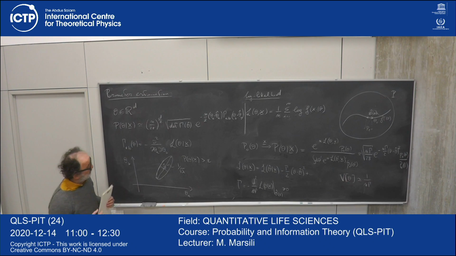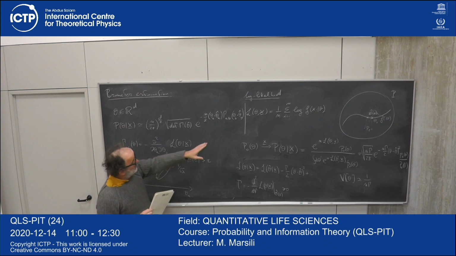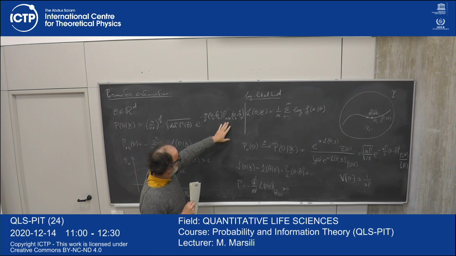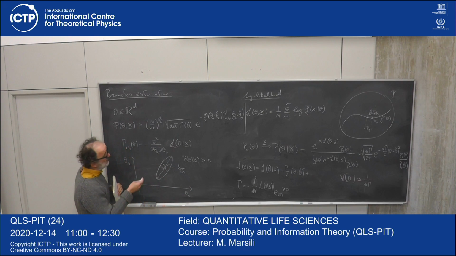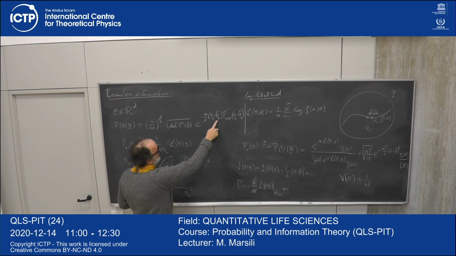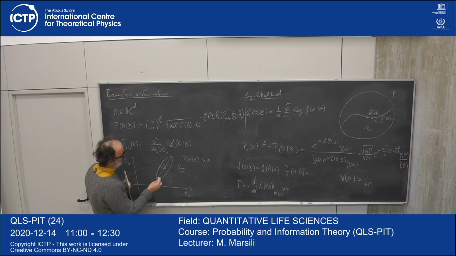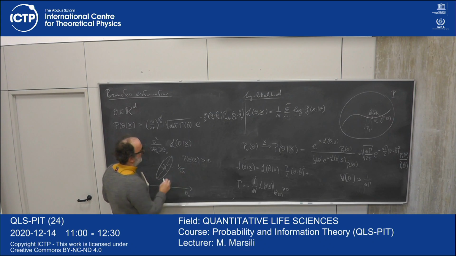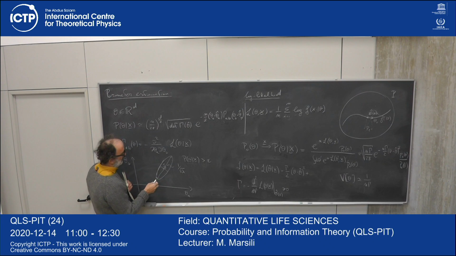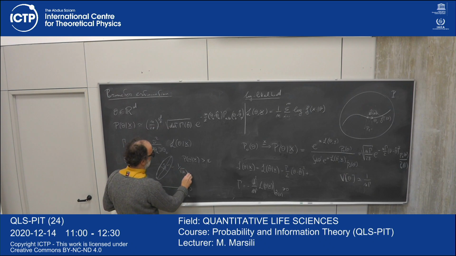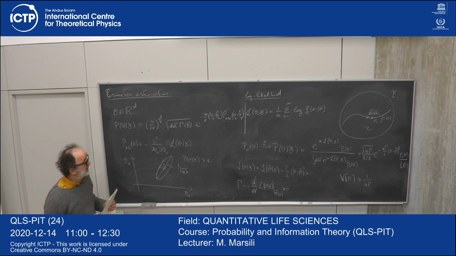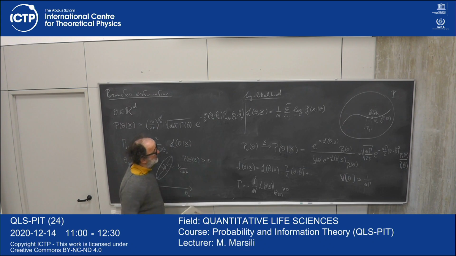So this tells you that if you do this exercise and you compute the maximum likelihood estimators, then the region where your probability of the parameters is larger than epsilon will be an ellipsoid whose main axes are of the order of 1 over n times lambda, where lambda are the different eigenvalues of the matrix gamma AB.